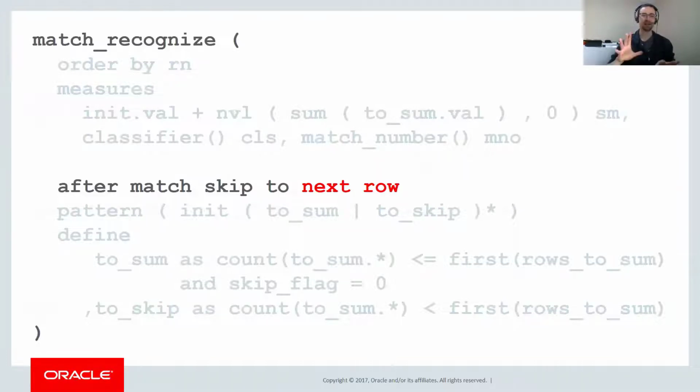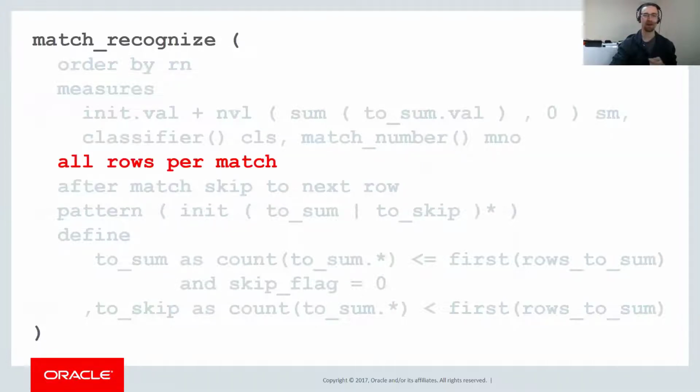Okay, so at this point, we've more or less got the results that we were looking for. But just to help show you how this works and what's really going on here, I'm also going to include the ALL ROWS PER MATCH clause. By default, MATCH_RECOGNIZE works in some ways a little bit like GROUP BY. With GROUP BY, all the rows that fall in the same group collapse together and you get 1 in the output.